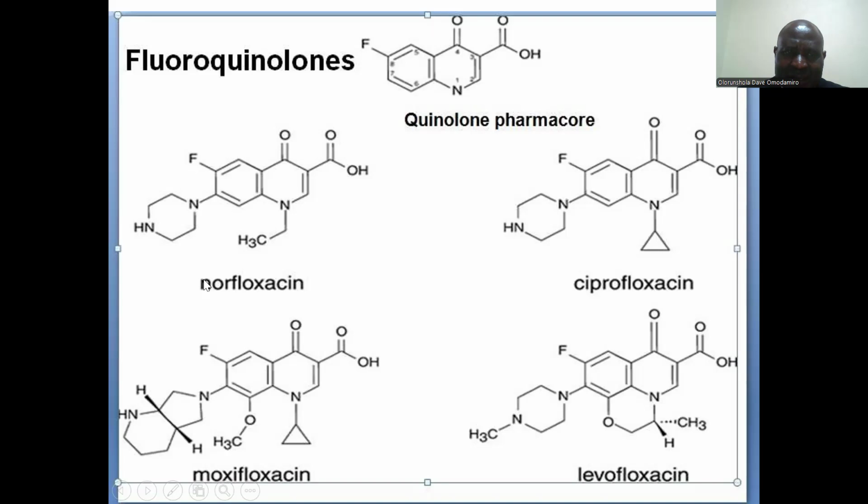So you have norfloxacin, ciprofloxacin, moxifloxacin, and then levofloxacin. So the student is expected to get familiar with the structure of fluoroquinolone, at least to see the attachment of the fluorine, also the attachment of piperazine, that make it a better quinolone compared to nalidixic acid.